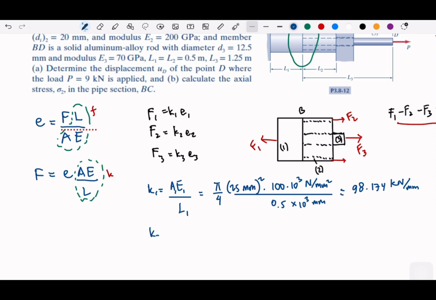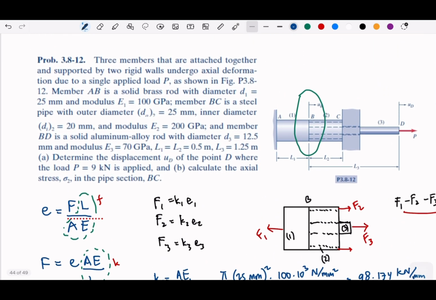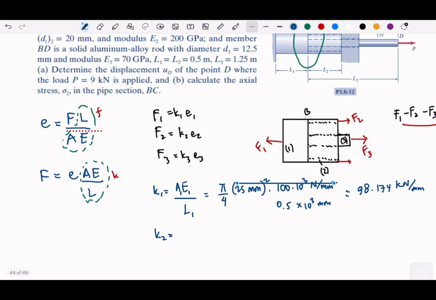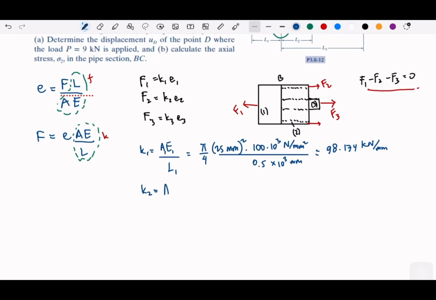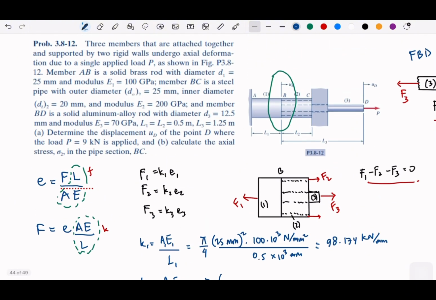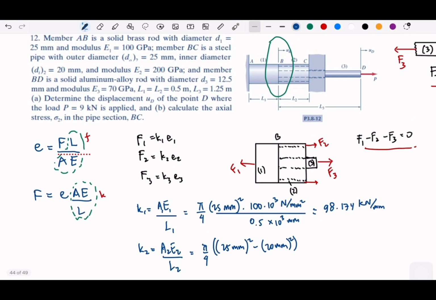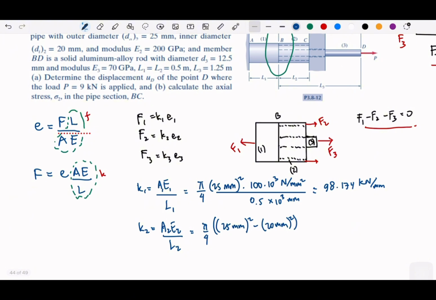The same thing with K2, but K2 is hollow, so we need to compute the area by subtracting the diameter. So this will be A2 E2 over L2. This will be 25 and 20 squared, right? The inner diameter is 20. And then E is 200.